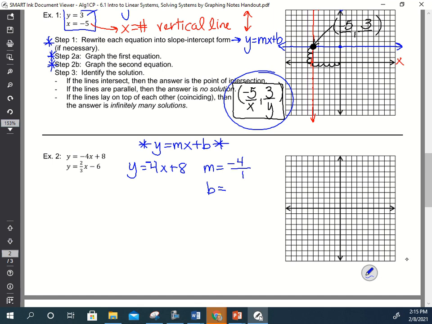What's the y-intercept? Y-intercept is 8. So go to the y-axis, put your first point at 8. And then since your slope is negative 4 over 1, you're going to go down 4 to the right 1.